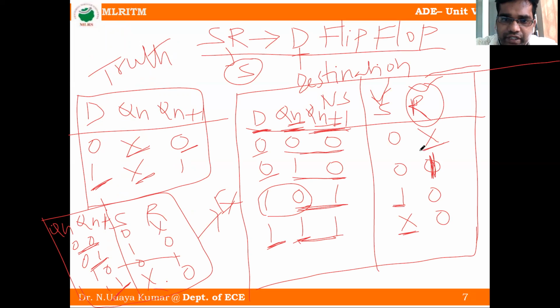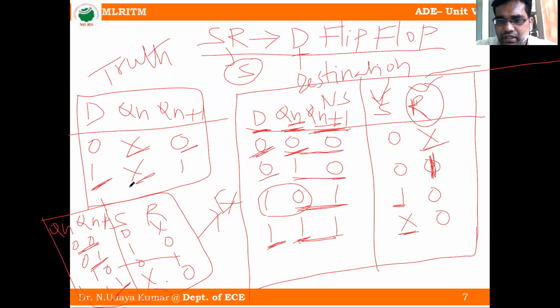How do we get it? D is equal to 0 and Qn is equal to 0 means we will get don't care. Then here 1. If D is equal to 0 and Qn is equal to 1, we will get 1.